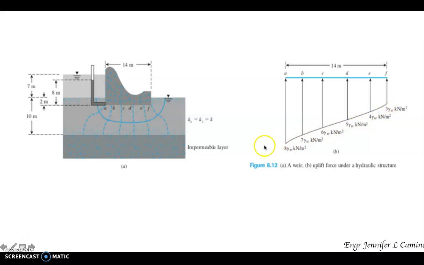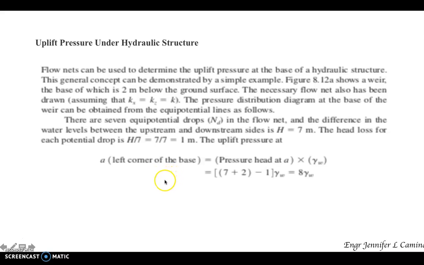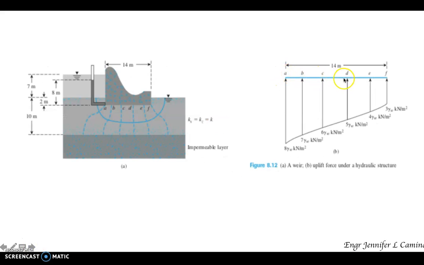If you're going to obtain the uplift pressure at each point, meaning point A, point B, point C, point D, point E, point F, these are the points A, B, C, D, E, F. If we compute the uplift pressure at point A, you take your H, the difference in elevation between the upstream and the downstream, plus the distance from this point to the location of point A, which is 2 meters, so that is 7 plus 2, which is 9.